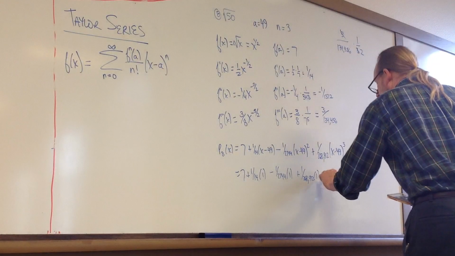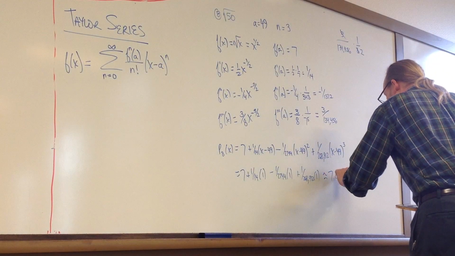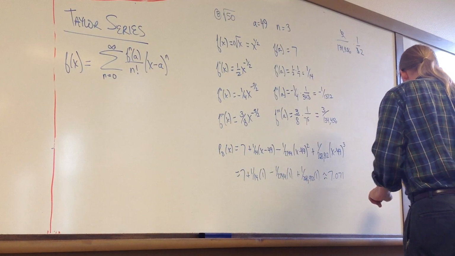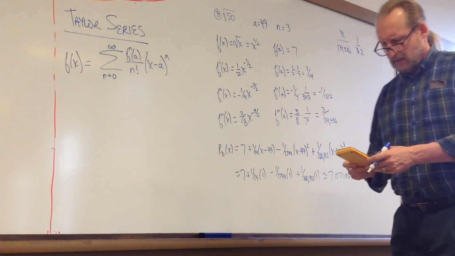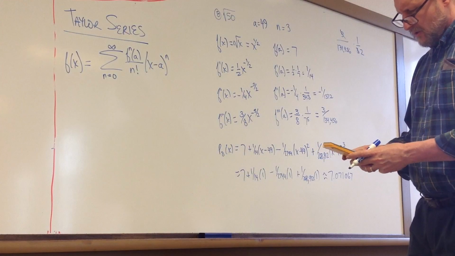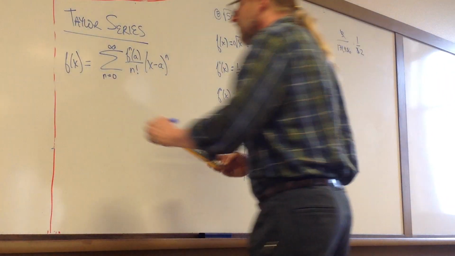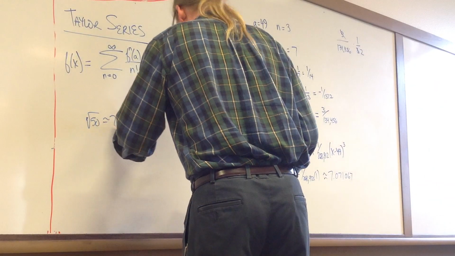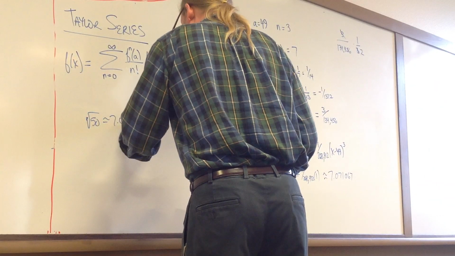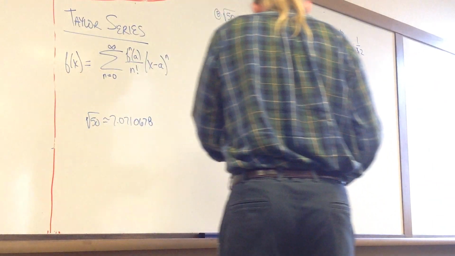And so this gives us 7.071067, and the calculator, square root 50, 7.0710678.